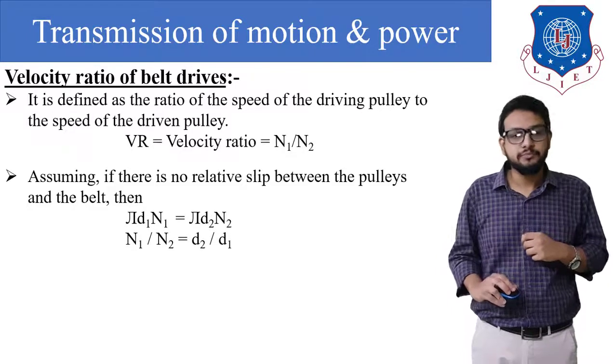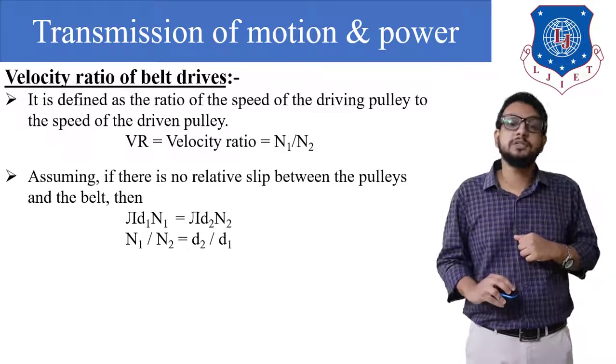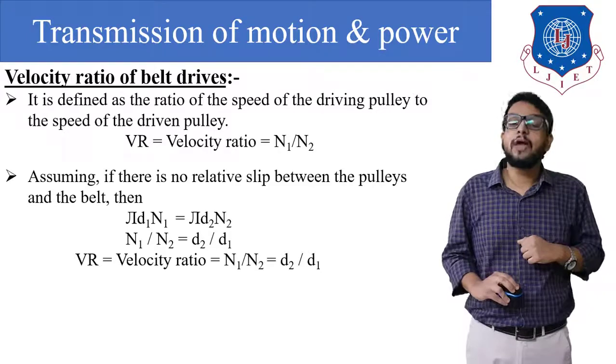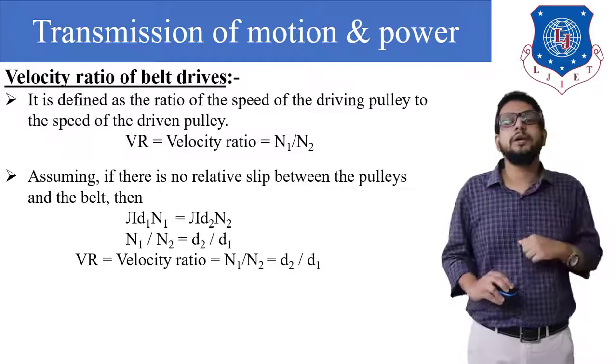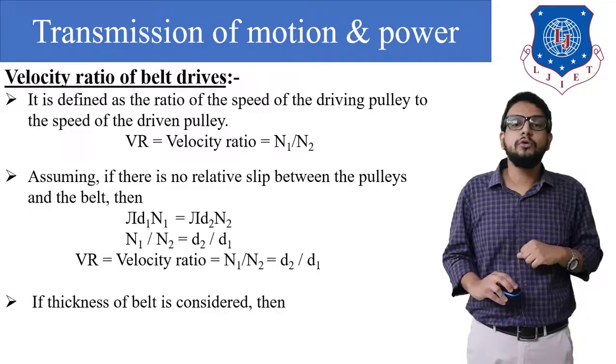Now as you can see, after arranging we get N1 by N2 is equal to d2 by d1. So we can say that the velocity ratio, which is equal to N1 by N2, is also equal to d2 by d1. Okay, so this is the case for no relative slip.